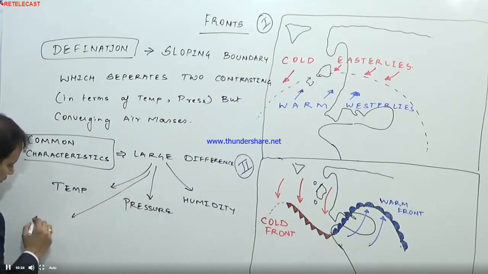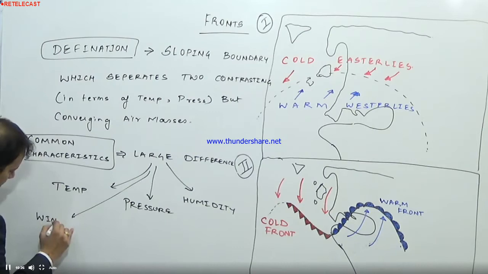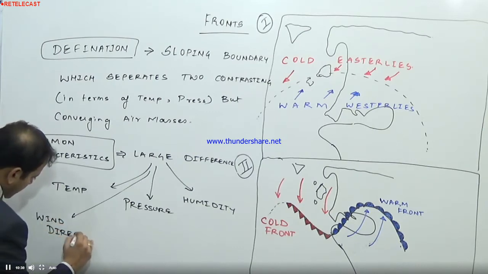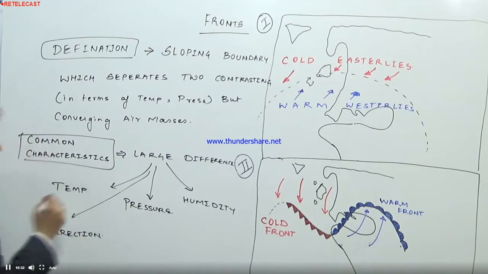These are the chief characteristics of the front. So there are large differences in terms of humidity, pressure, and wind direction observed in the front.